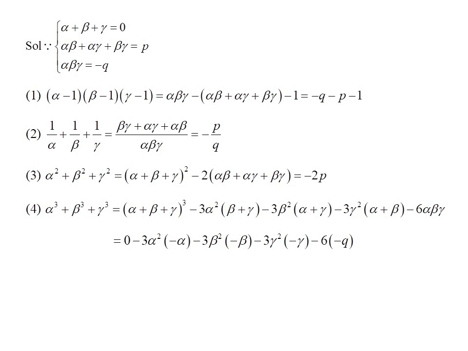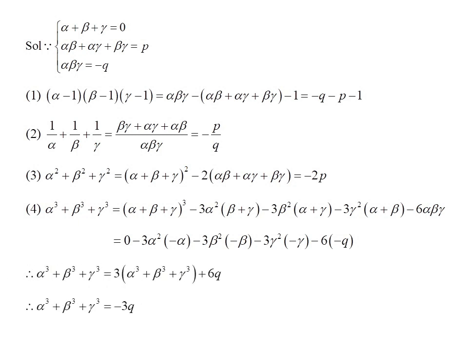As for the last question, we transform the sum of alpha cubed, beta cubed, and gamma cubed into the sum of alpha, beta, and gamma, all in parentheses cubed, minus 3 alpha squared times beta plus gamma, all in parentheses, minus 3 beta squared times alpha plus gamma, all in parentheses, minus 3 gamma squared times alpha plus beta, all in parentheses, minus 6 alpha beta gamma.